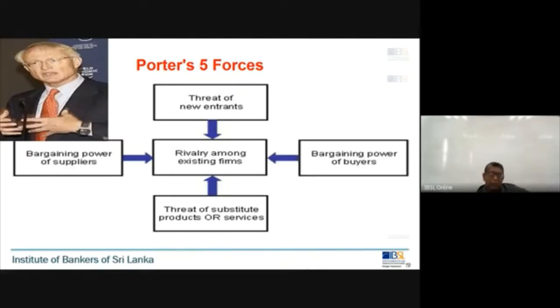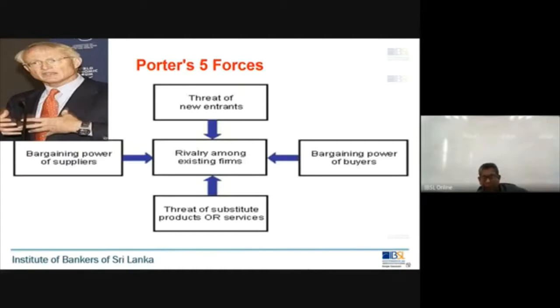Then the bargaining power of customers, buyers. Now buyers are educated, more sophisticated, more techno-savvy, so demanding. So we cannot have a good margin.